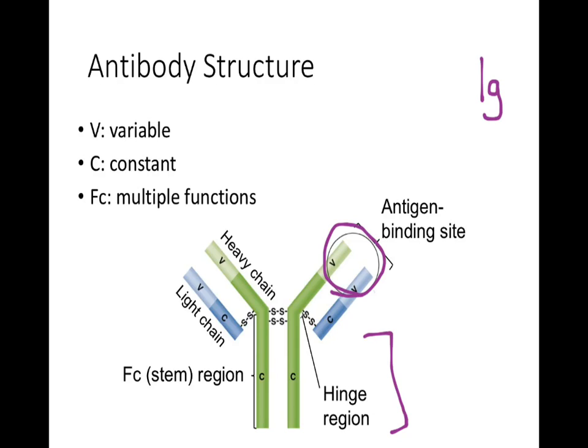And the importance of that is it allows for these antibodies to interact with different immune cells. So for example, IgE interacts with basophils, a cell type we haven't talked about. But one of the roles of basophils is to secrete histamines. IgG will bind to macrophages.